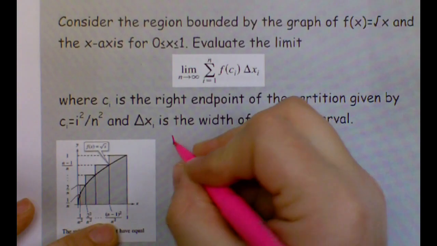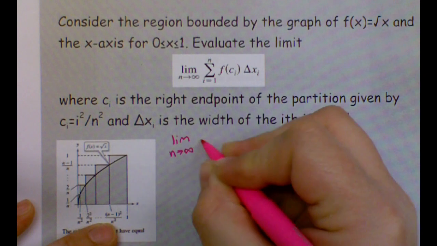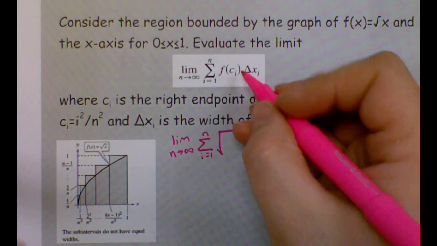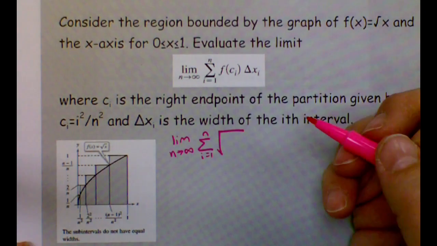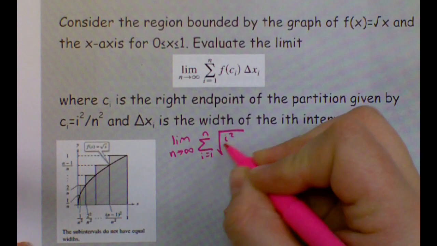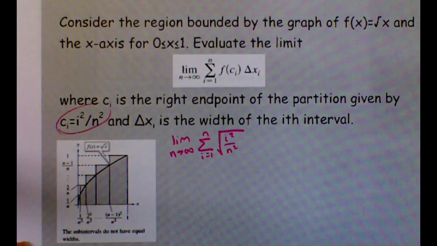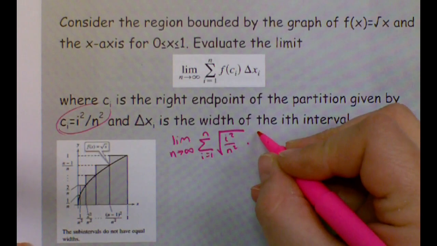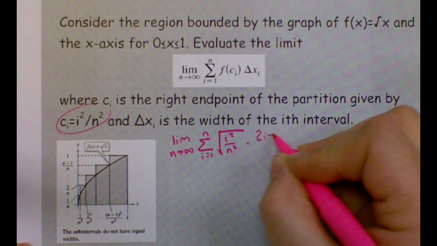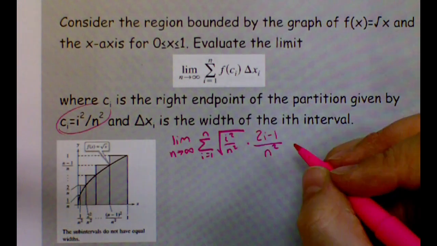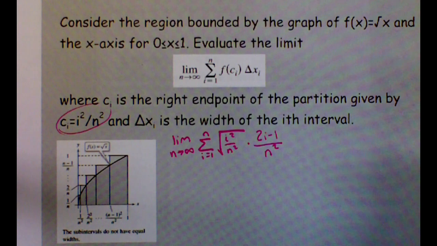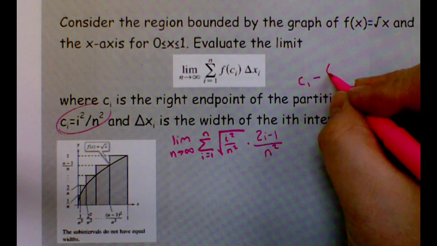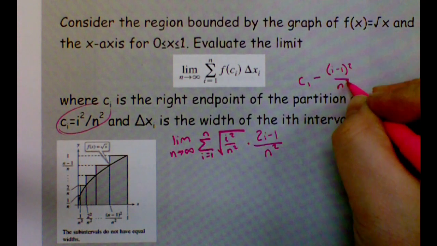So we are finding the limit as n approaches infinity of the sum from i equals 1 to n of the square root of c sub i, which is i squared over n squared, because it tells us to use that, times delta x sub i, which is 2i minus 1 over n squared, because we take c sub i minus (i minus 1) squared over n squared. There we go.